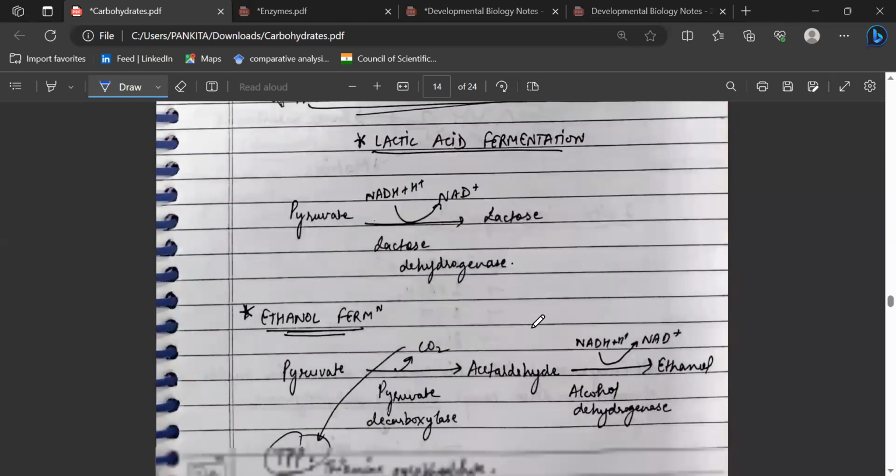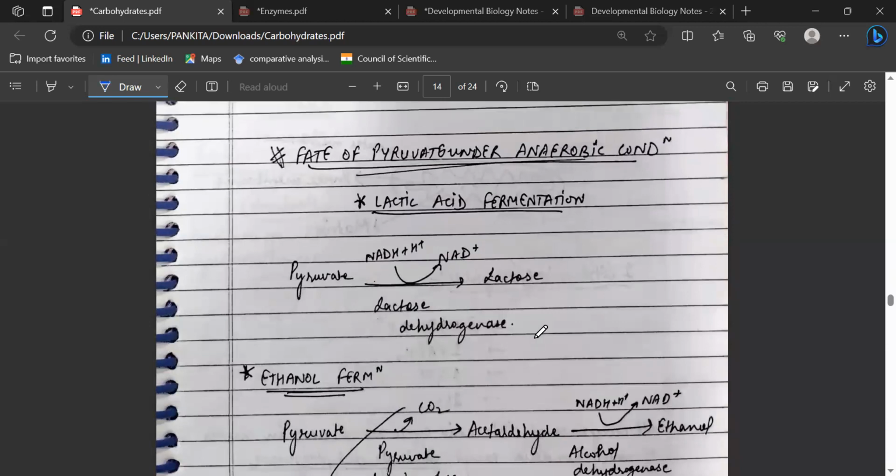Then coming on to the fate of pyruvate under anaerobic conditions. What happens to pyruvate when it is in anaerobic condition? So first is lactic acid fermentation. It can go into the lactic acid fermentation mode, in which pyruvate converts into lactate in the presence of lactate dehydrogenase.